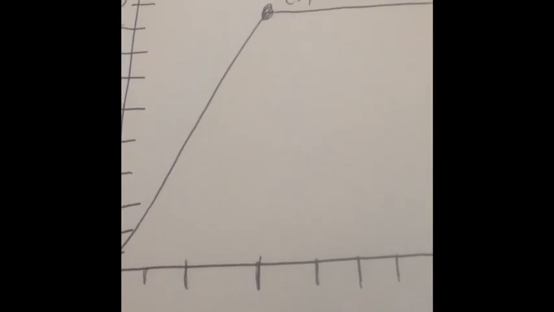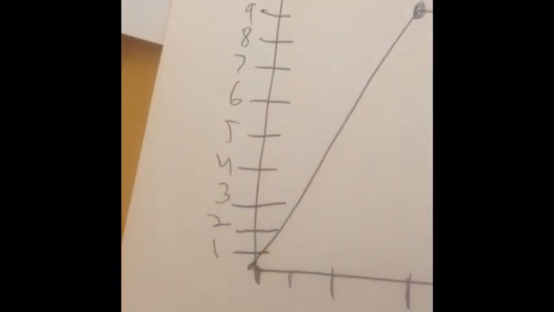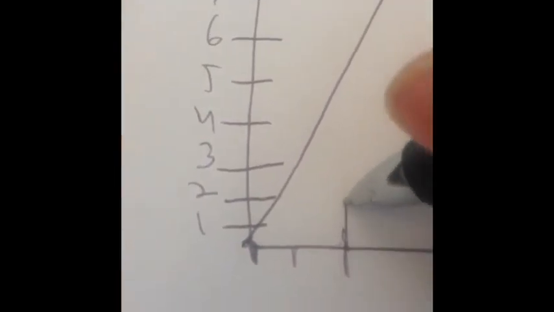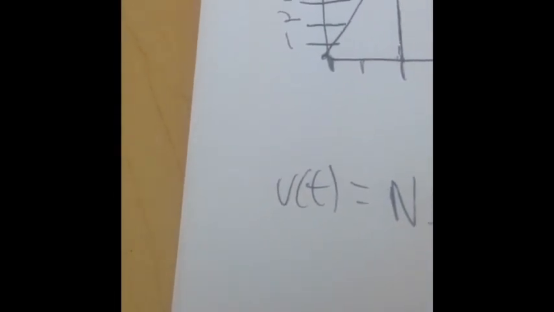Now, for Dirty Dan, his velocity is shown in this picture. So at t equals 2, and time is obviously here in the graph, you see where the velocity is, so you're going to draw up, and it is 5 meters per second.